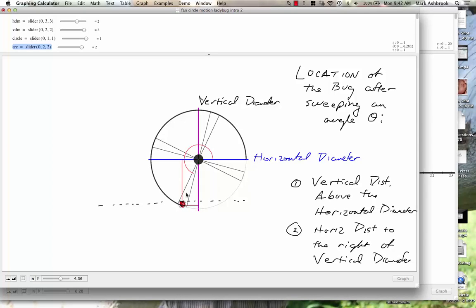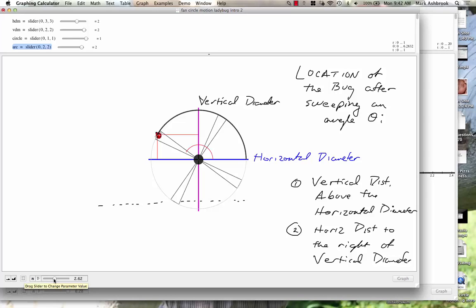So if we're figuring out where the bug is for different inputs of what? You also said angle earlier, right? So either one works. You could pick an arc length, and then we output a vertical distance and a horizontal distance.